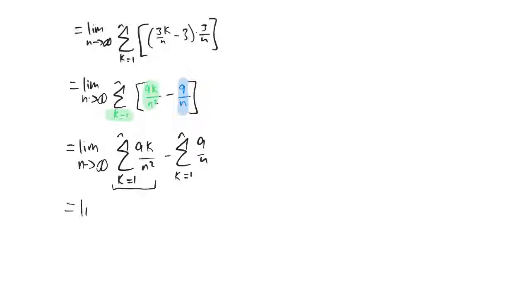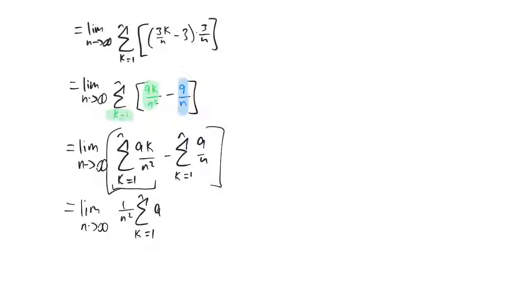So I can think about that as the limit. I really should say the limit of all this, so this should be in square brackets, as n goes to infinity, is the same thing as 1 over n squared times the sum k equals 1 to n.